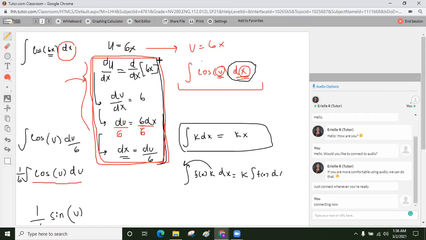U and x are different variables, so we cannot work with that unless the variables are all the same. Okay, so our goal was to get dx equal to something of du, so that we can substitute back into the integral. So we're just trying to write this in terms of u.